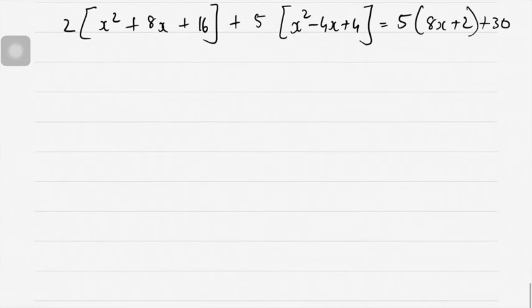Okay, I will open the brackets. 2x square plus 16x plus 32, sorry, not 16, 32.